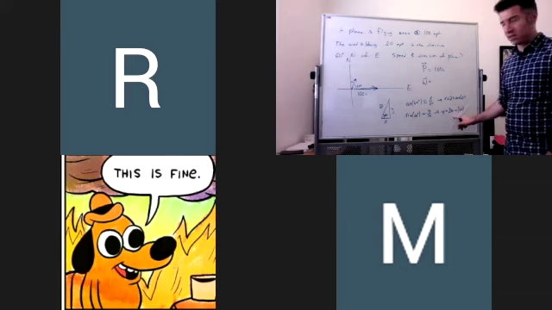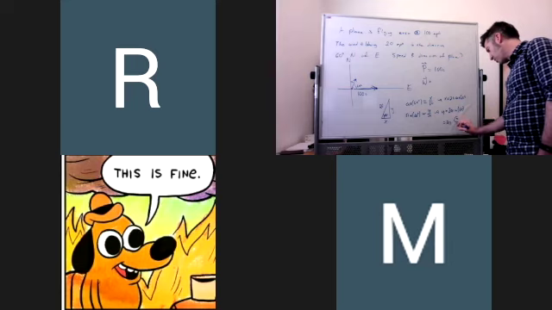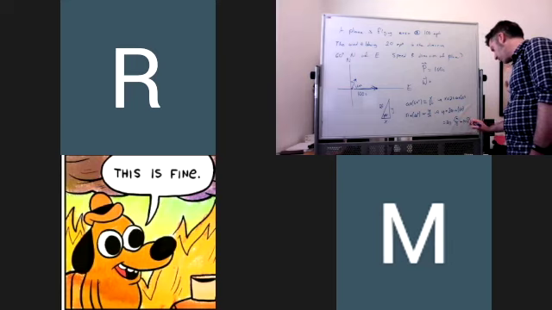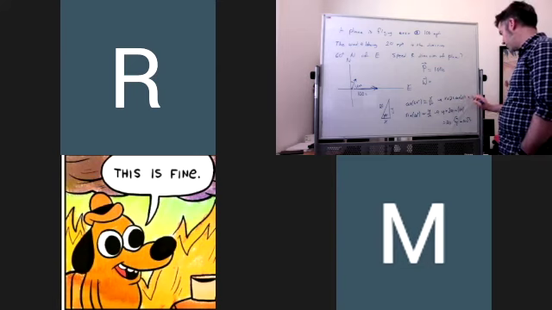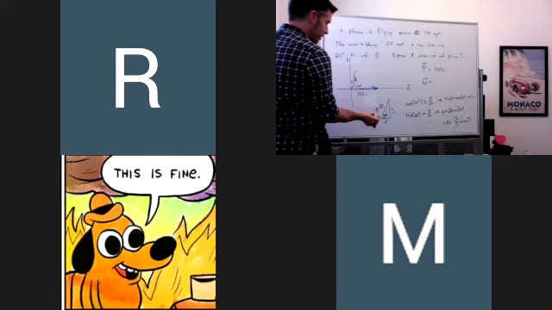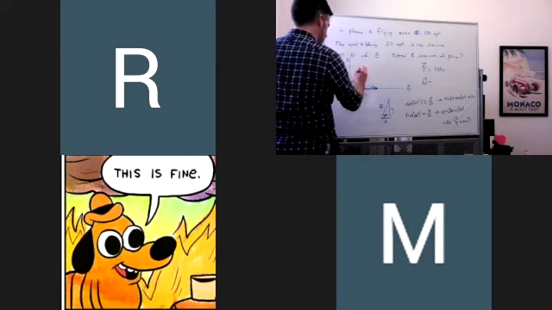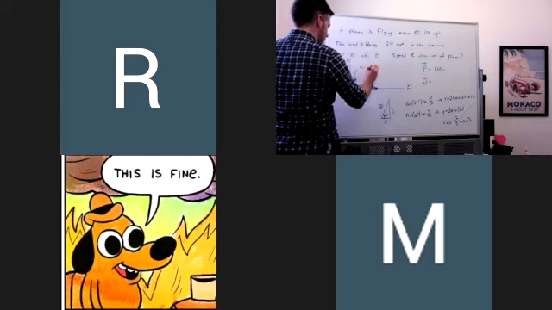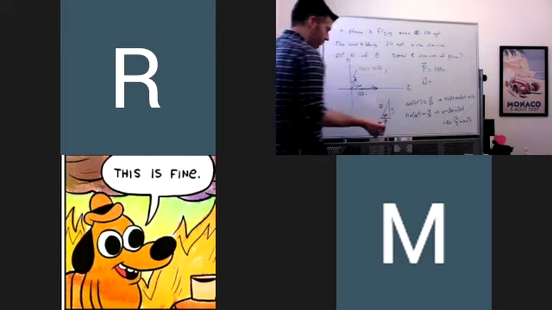Sine of 60 degrees is root 3 over 2, so this is 20 times root 3 over 2, which is 10 root 3. And cosine of 60 is 1/2, so 20 times 1/2 is 10. So this vector's component form is 10i plus 10 root 3 j.